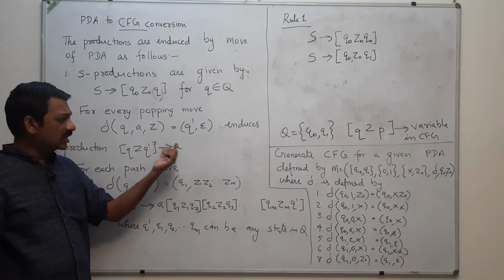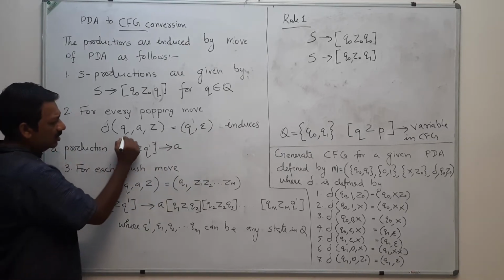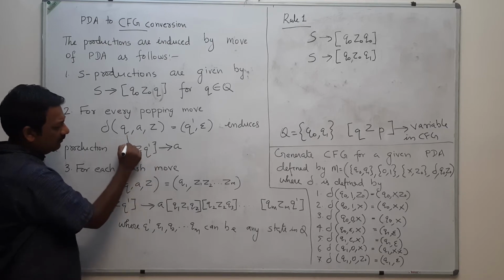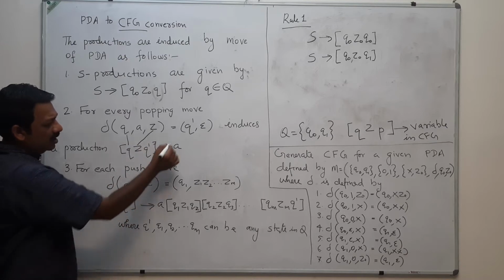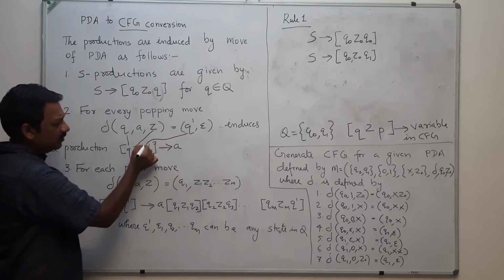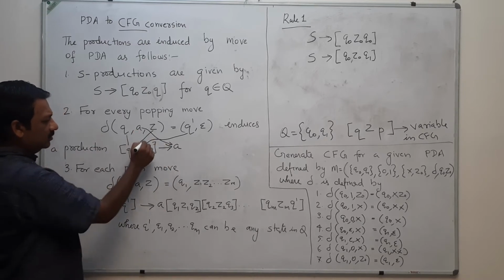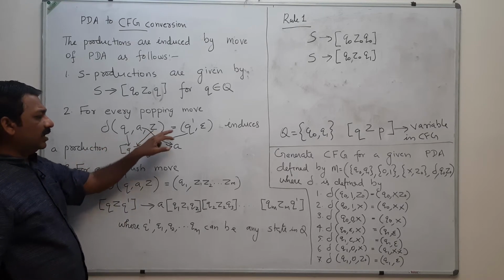In this case, it is inducing a production: this [q, Z, q'], where q is coming from here, Z is coming from here, and q' is coming from here, and that derives a, which is coming from here. This is the way. (q, a, Z) implies (q', epsilon).